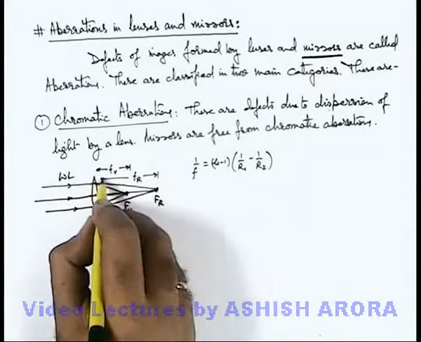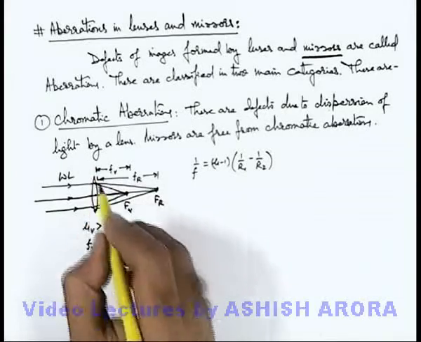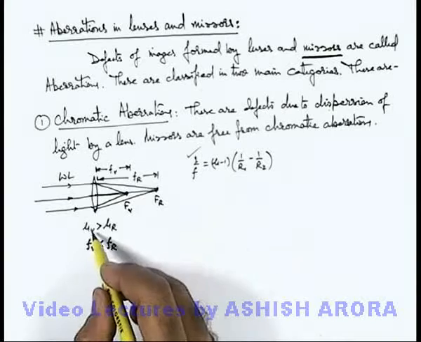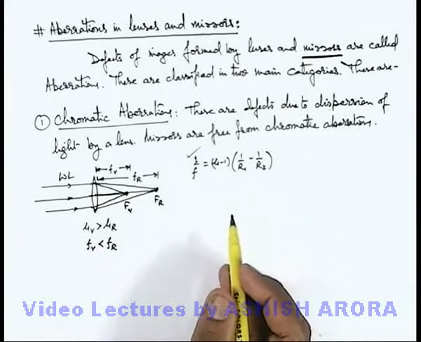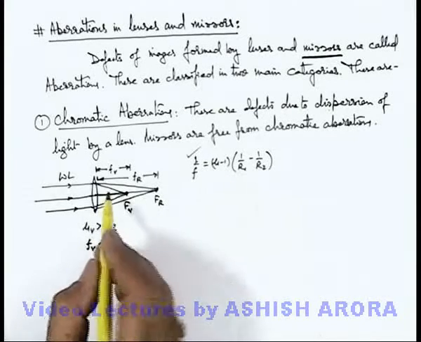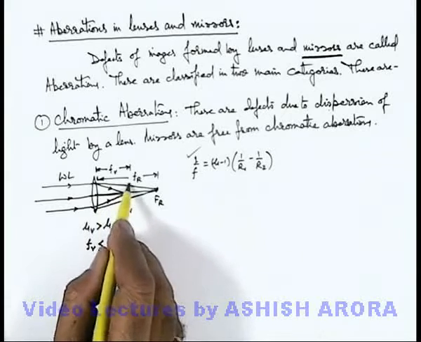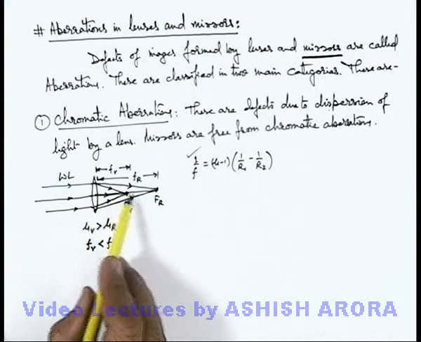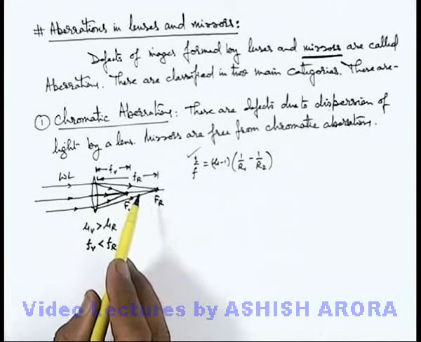These fv and fr can be easily calculated by lens maker's formula using the refractive index for violet and red light. So here you can see, even when a single white light beam is incident onto the lens, several colored focal points will be obtained on the other side of the lens.